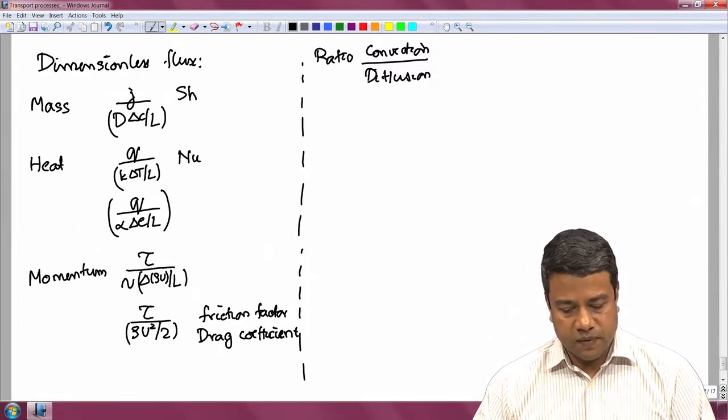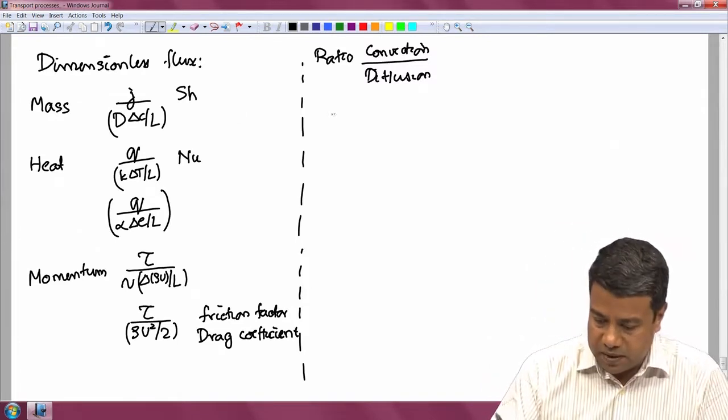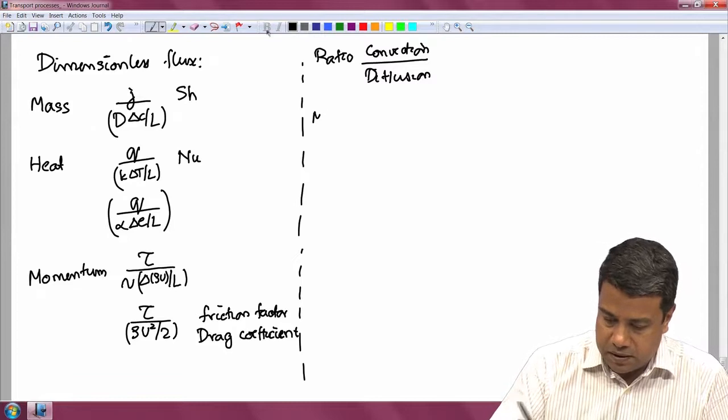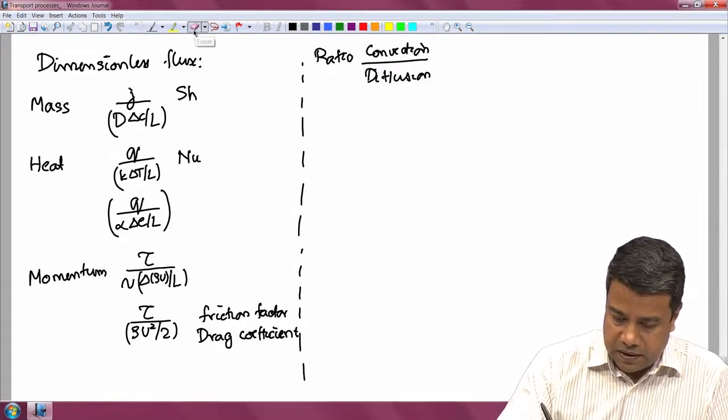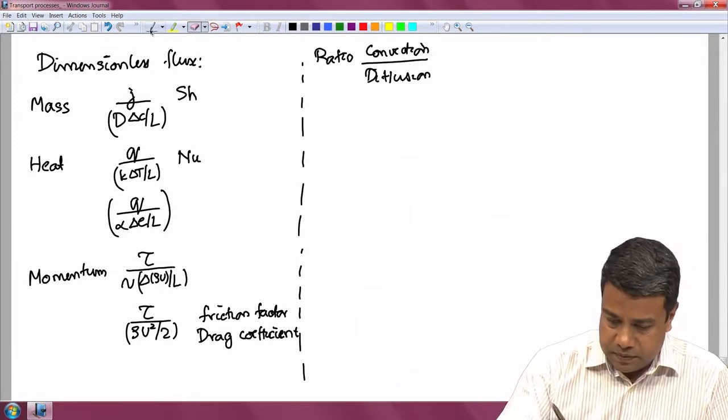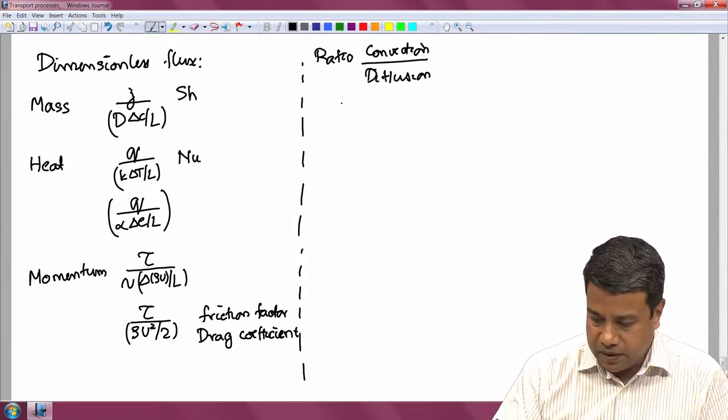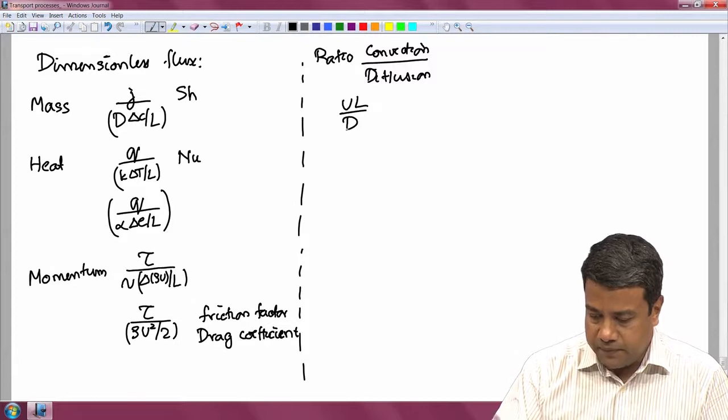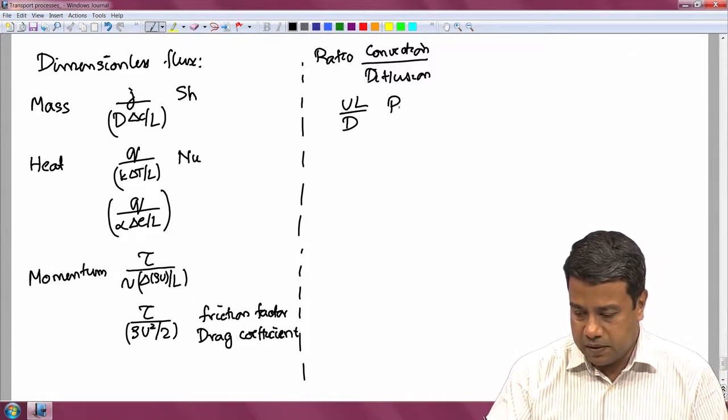In the case of mass transfer, that turns out to be UL by D, that is a Peclet number.